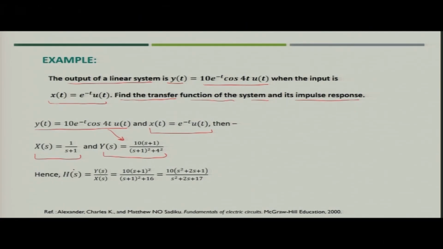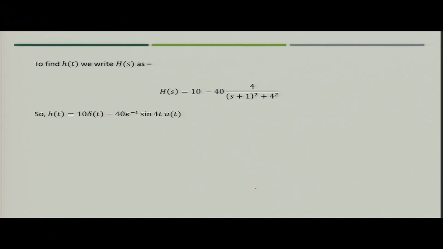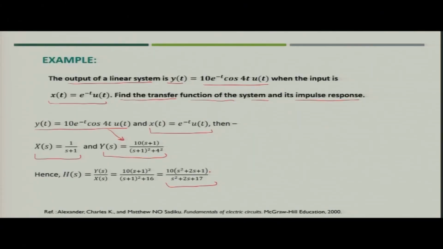Now, since Hs is equal to Ys upon Xs, you will put Ys in numerator and Xs in denominator, and when you simplify you will get the value 10 into S square plus 2s plus 1 upon S square plus 2s plus 17.